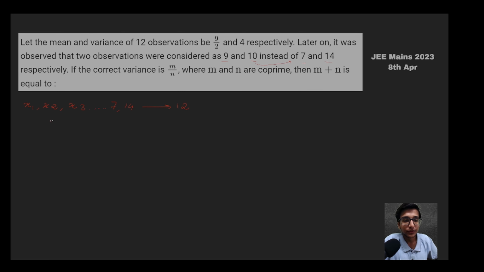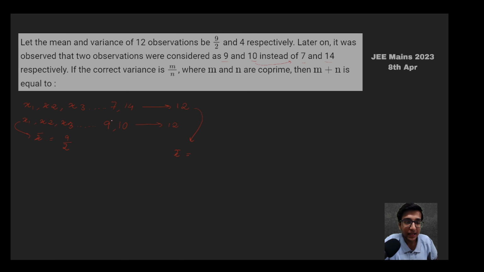So instead of considering this, the mean and variance were calculated by considering 9 and 10 as the last observations. So let us find out what is the mean through this. X bar is equal to 9 by 2. So what would be the X bar for this data set now?